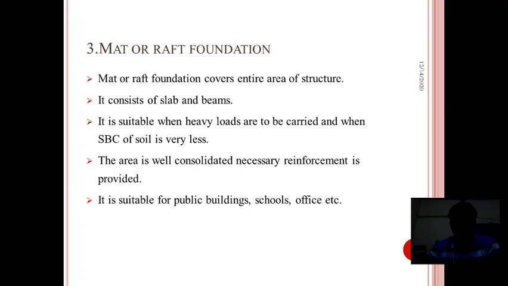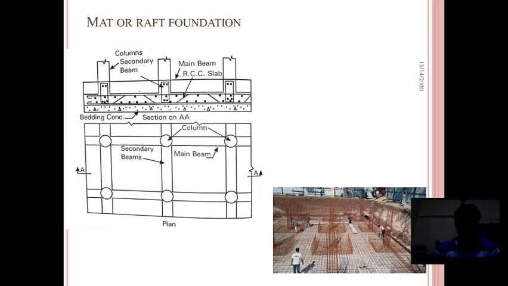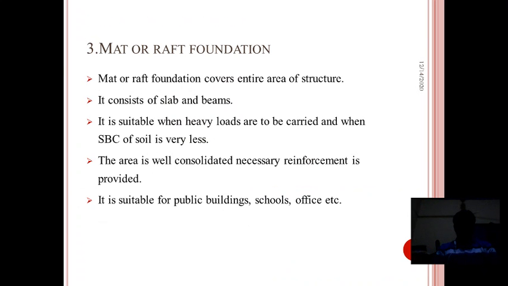It consists of slabs and beams. In this type of foundation, two types of beams are cast. One will be the main beam and the second will be the secondary beam.